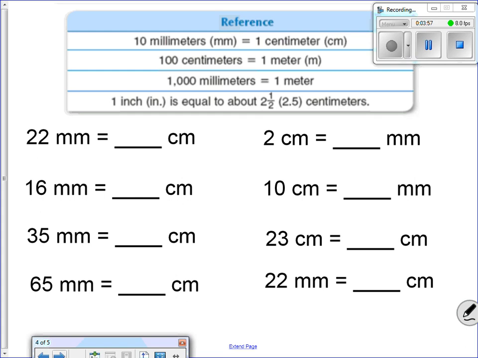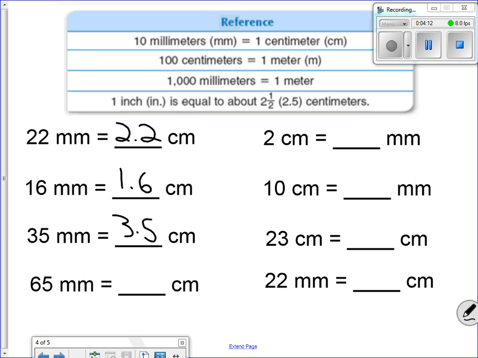So if I have 22 millimeters, if I looked up before, that would be 2.2 centimeters. If I had 16 millimeters, that'd be 1.6 centimeters. If I had 35 millimeters, that'd be 3.5 centimeters.